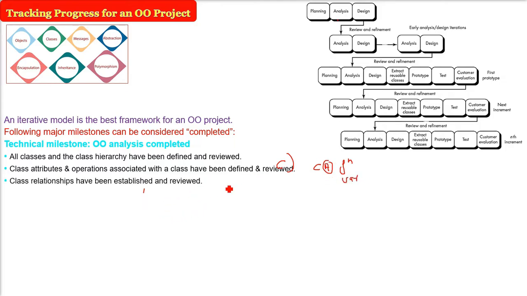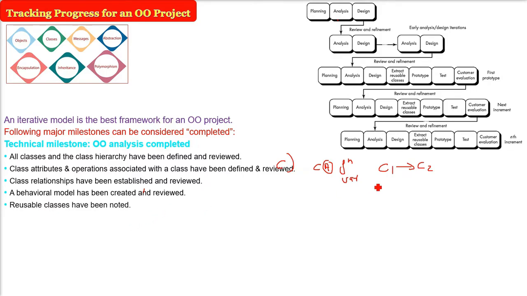Then the class relationships, hierarchy, etc., have been established and reviewed also. The behavioral model has been created and reviewed, and the classes which we are reusing have also been noted down. So this marks the completion of the first milestone, that is achieved.